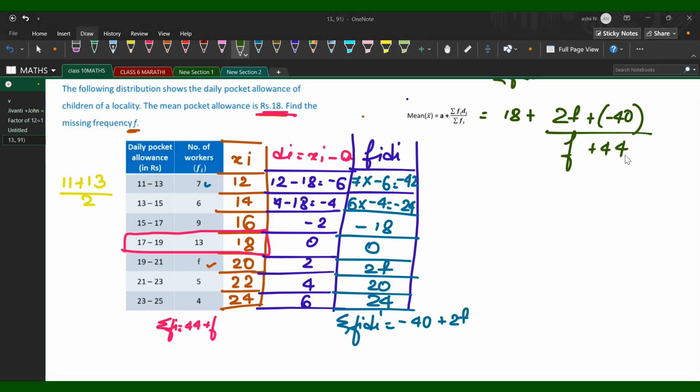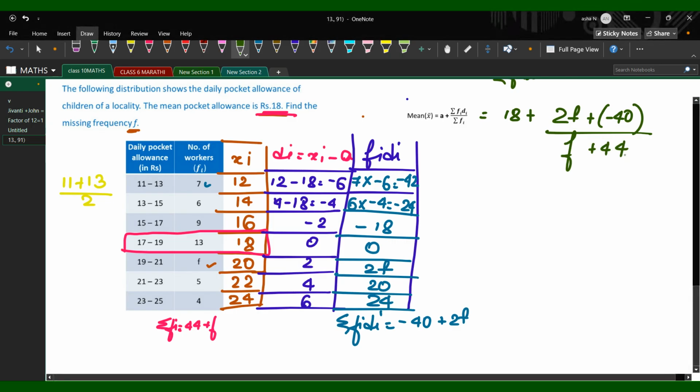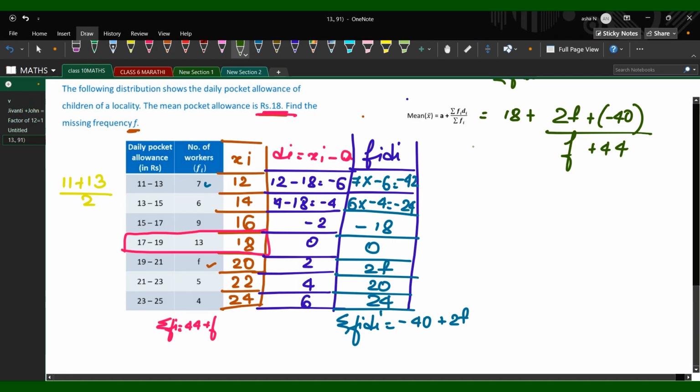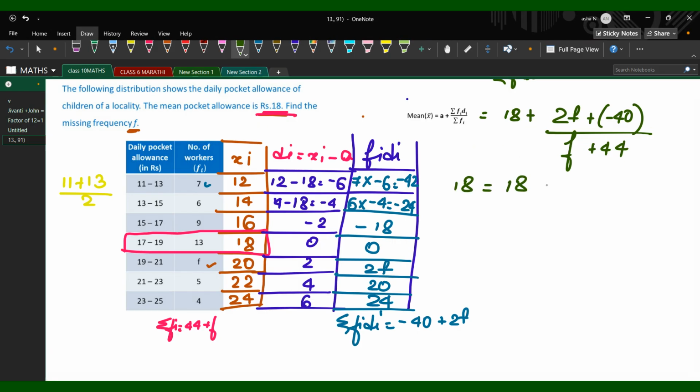Clear? Any doubt, any confusion? Or 44 plus f, whichever way we write it, it is the same. Now the mean, which is 18, is equal to 18 plus (2f minus 40) upon (f plus 44). Any doubt, any confusion?